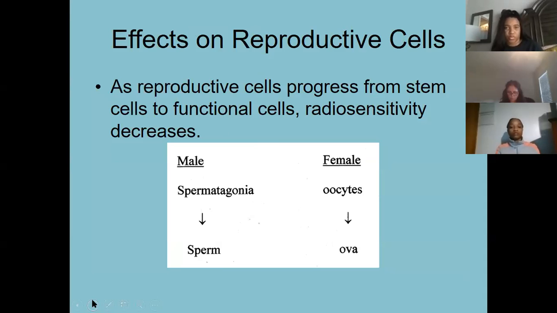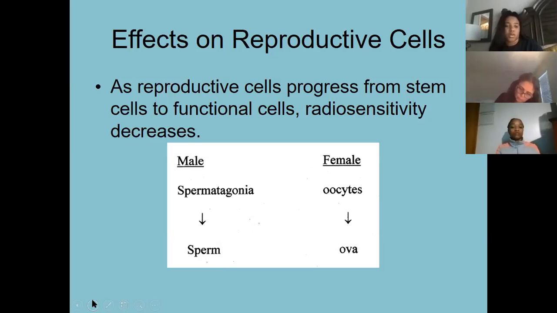Okay, the next thing we're going to look at are the effects on the reproductive cells. And the reproductive cells, just like many other cells, progress from stem cells to transit cells to functional cells. As they progress, radiosensitivity decreases. So the immature sperm, or spermatogonia, are very radiosensitive. Mature sperm are not.